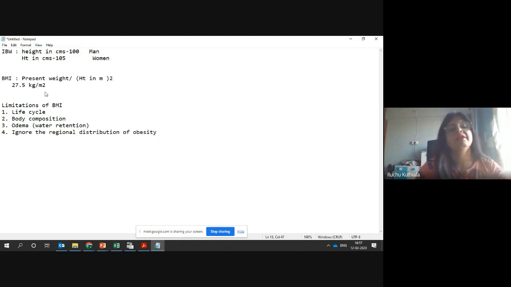For example, there is one patient in front of you who has less muscle mass and has developed fat mass at one area of the body. When that patient is standing on the weighing machine, the weight comes normal because muscle mass is less and the fat mass is more. So it has become plus one, minus one, and the things are adjusted.